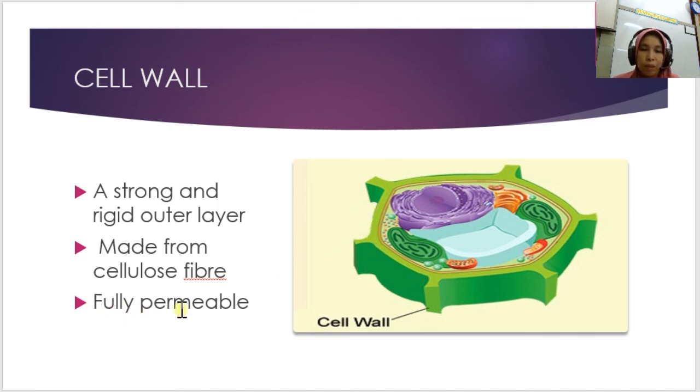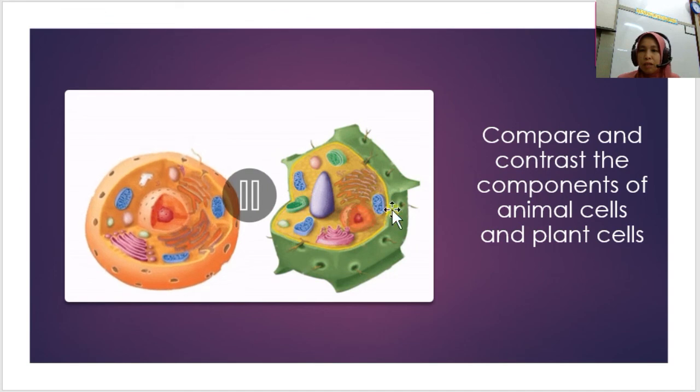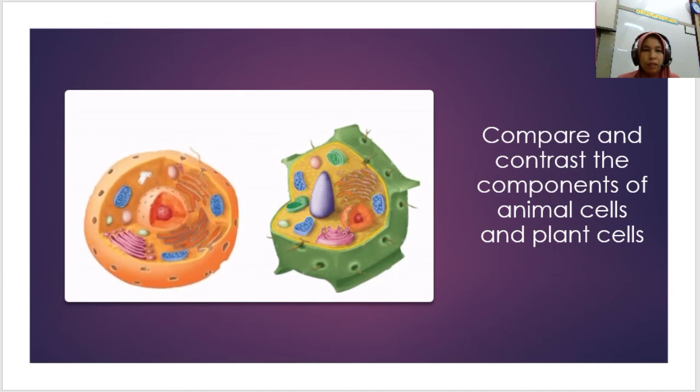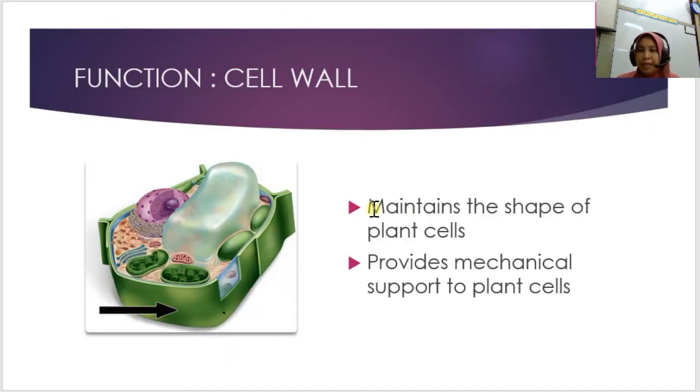It is fully permeable, which means it allows all substances to pass through it. So what is the function of the cell wall? It maintains the shape of the plant cell, which is a rectangular shape. It also provides mechanical support to the plant cell. That's the function of the cell wall.